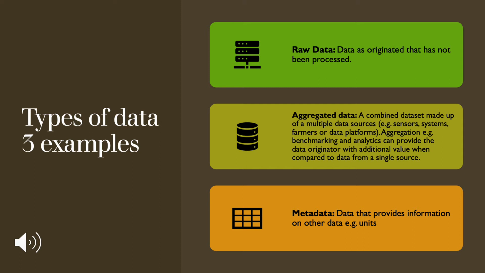Or we may be using metadata, and that's data that provides information on other data that we can be using. And it's really important, for example, that we think about how we present data when we combine it together. If I'm talking to a group of farmers in the UK, do I talk about acres or hectares?